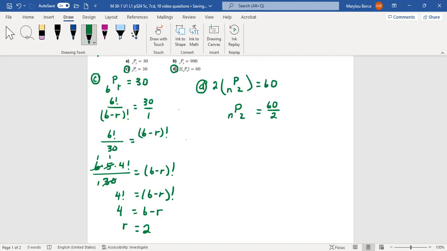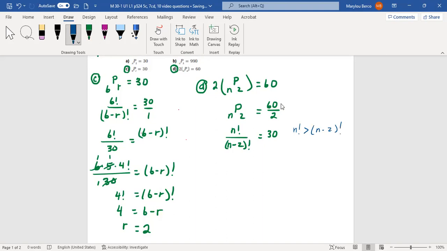And if we have n pick 2 equals 30, we can change that notation to be n factorial over n minus 2 factorial equals 30. Now I want to get something to cancel out here to simplify. So what I'm going to do is choose the larger term, and n factorial is greater than n minus 2 factorial.